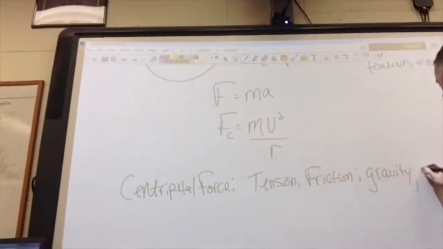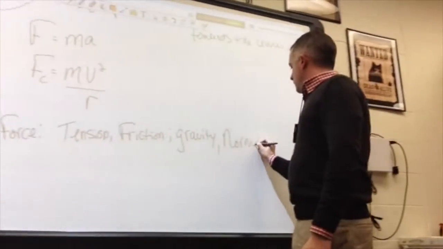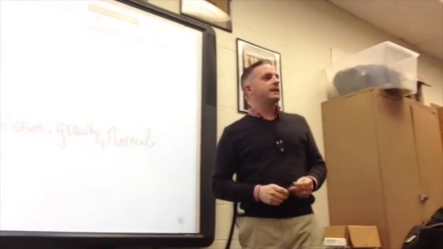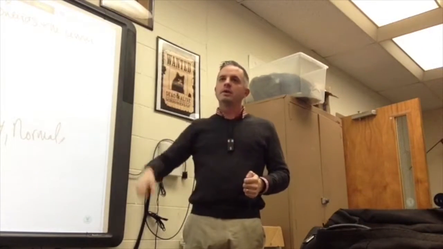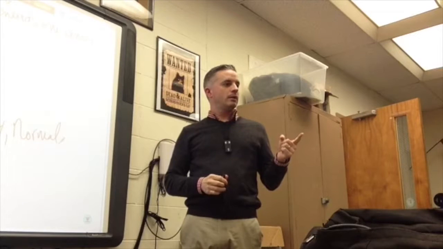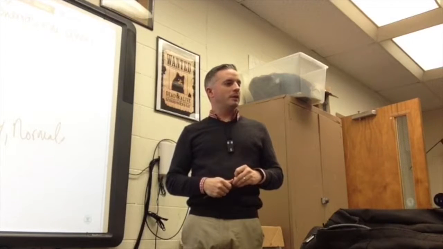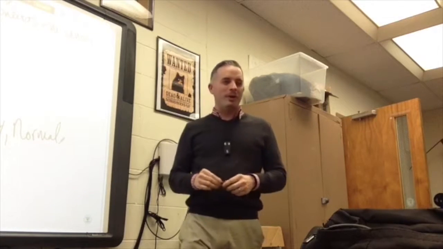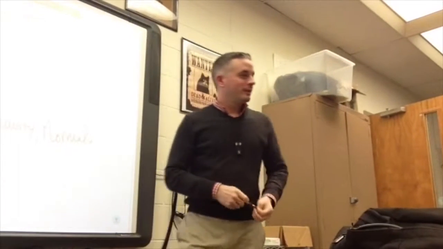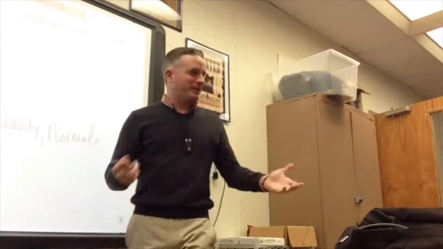It could be the normal force. A perfect example of a normal force causing an object to go around in a circle is on this planet. Can you give me an example on the planet? Sure. I was going to say a roller coaster, which is on this planet.